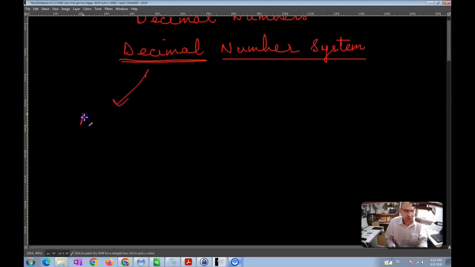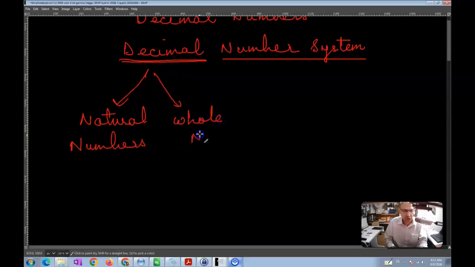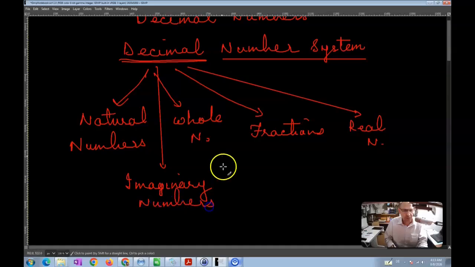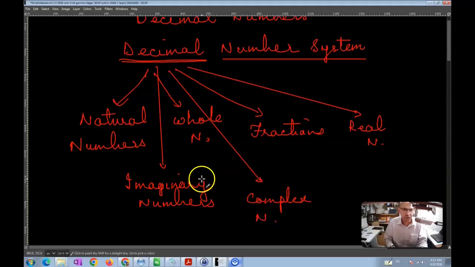For example, you can create natural numbers, whole numbers, fractions, real numbers, imaginary numbers, complex numbers, and so on and so forth, right?